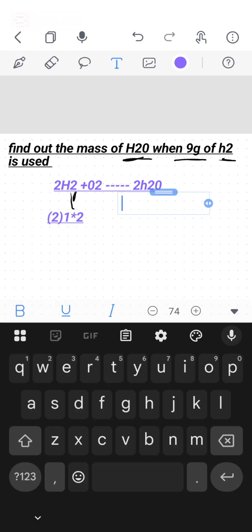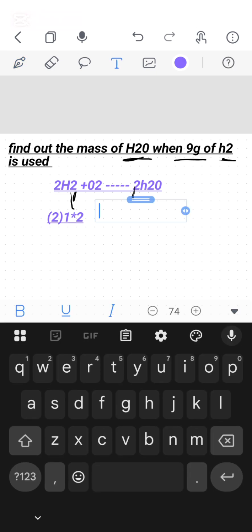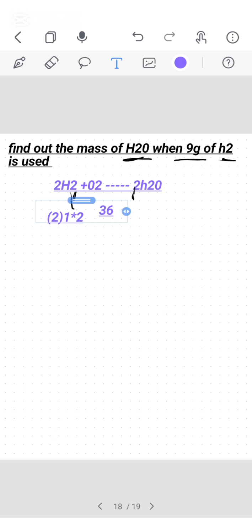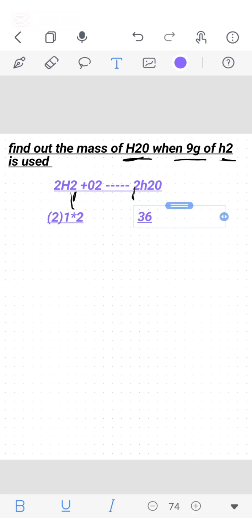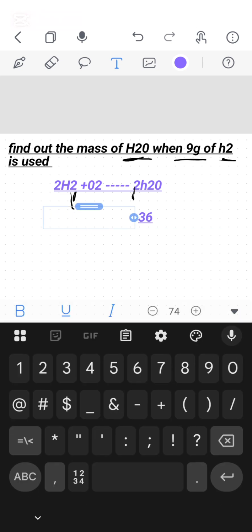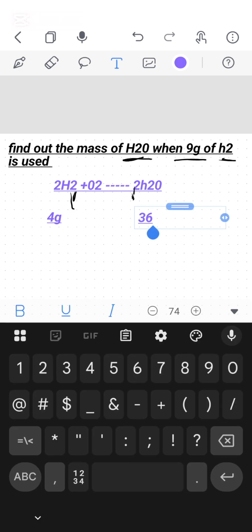H2 would be 2, and oxygen has a mass of 16, so H2O would be 18, and we'll multiply that with this 2, so that would come as 36. Okay, so I can clearly give the answer: that would be 4 gram, and that would be 36 gram.